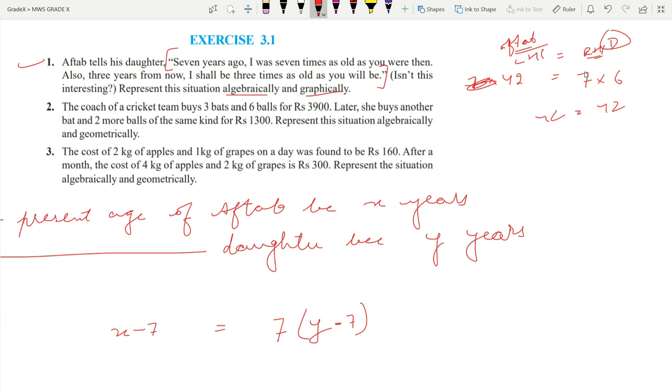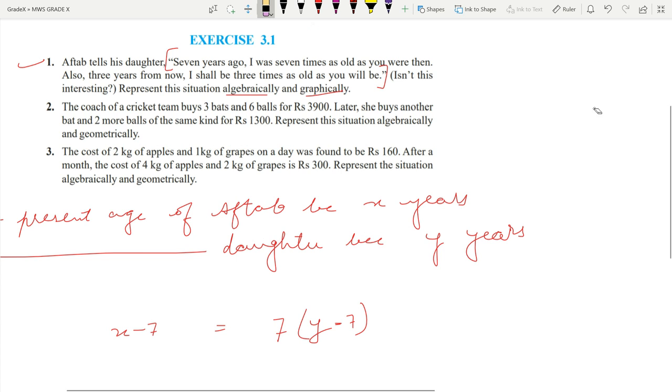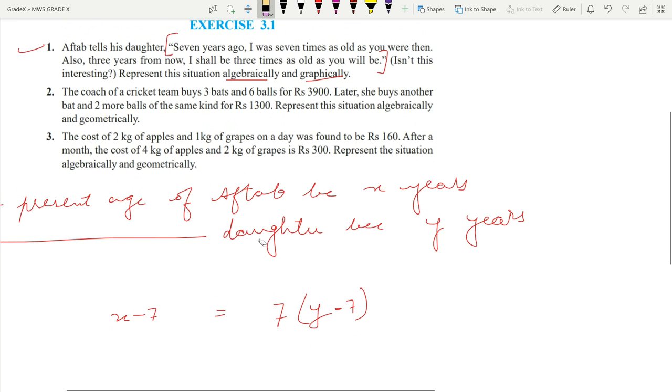If Aftab is 7 times the daughter, then we have to multiply the age of daughter by 7. I hope this concept is clear. If concepts are clear, then you will be able to make the equation of any statement like this.